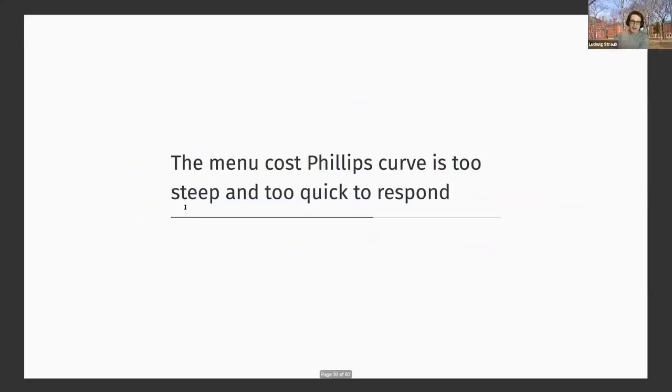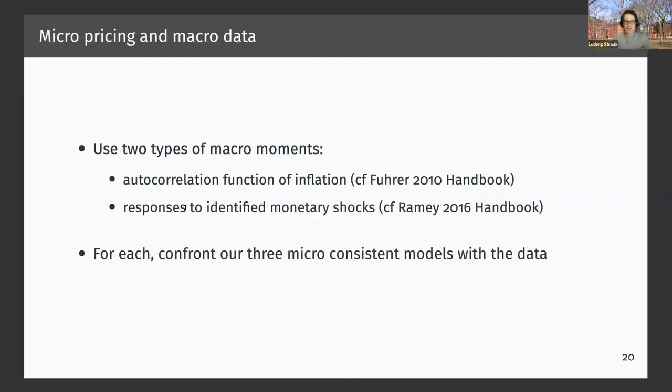But in any case, we have that Phillips curve now, and so the question is: is that Phillips curve in agreement with macro time series data, or do we need something else to get it to match? And we're going to explore this for now in two simple ways. The first one is we're just going to look at aggregate macro data and compute autocorrelations of inflation, and this is something that Fuhrer has done in his handbook chapter.